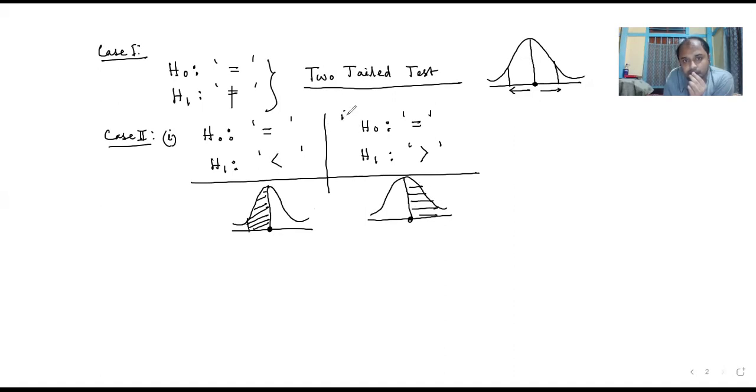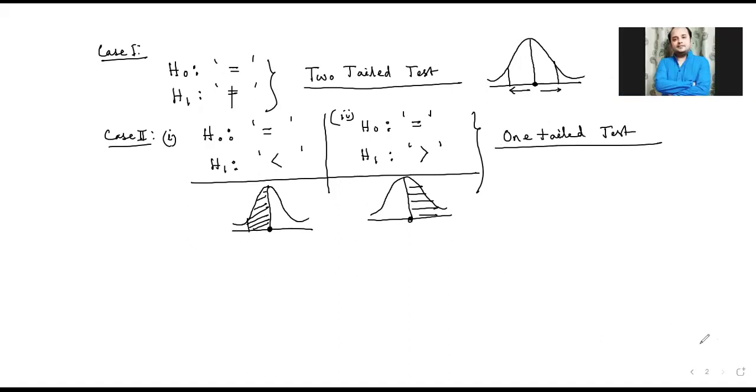Either of this will happen, I'm sure about that by the given condition of the problem. So in such a case, these tests will be called one-tail test. Okay, so in both the cases, one tail is open.